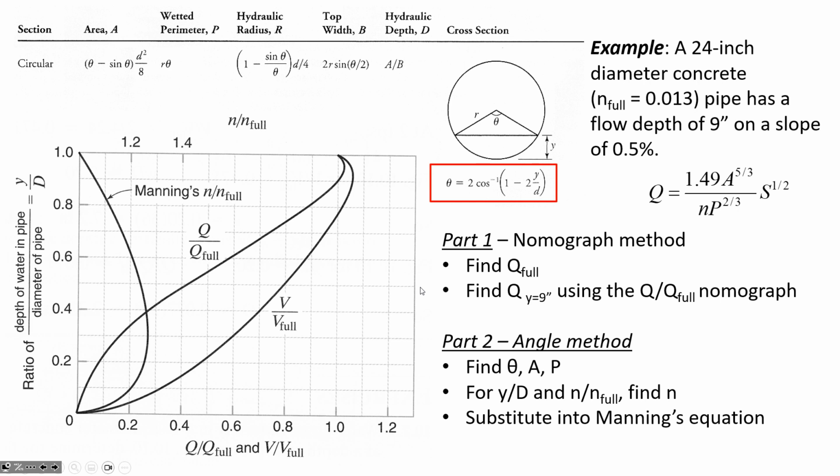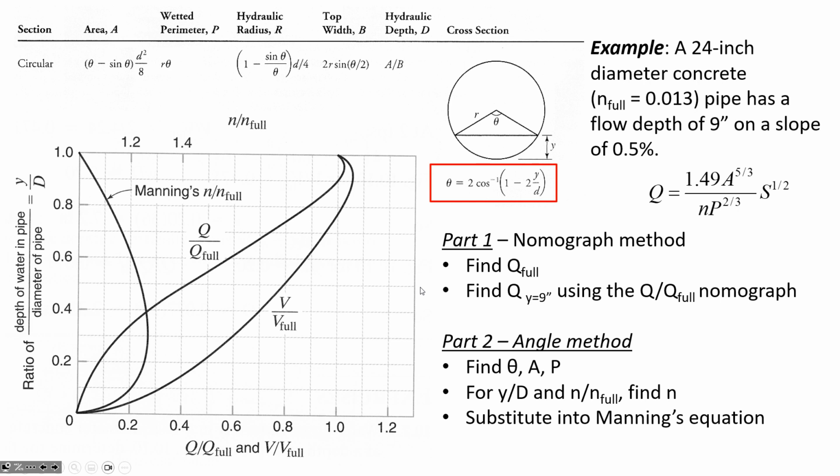All right, so let me clear off the whiteboard here and set the stage for this first part. If we had a full pipe, then Q full is going to necessitate calculating the cross-sectional area. For a full pipe, the cross-sectional area is pi d squared divided by 4.